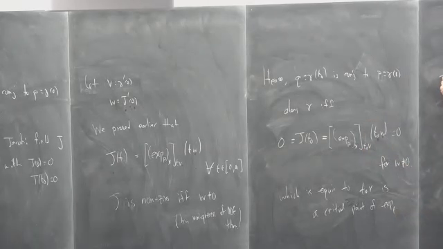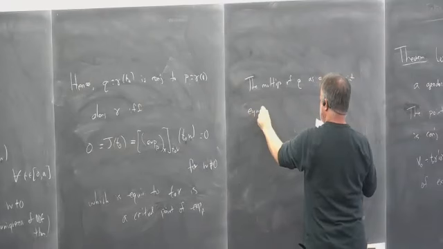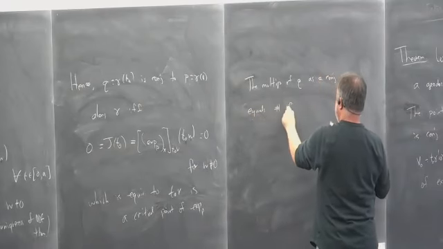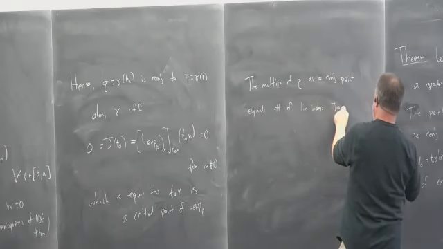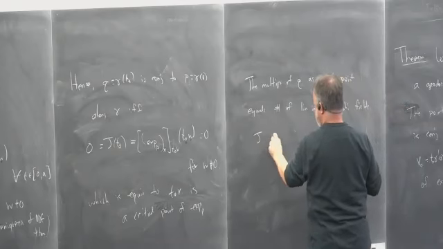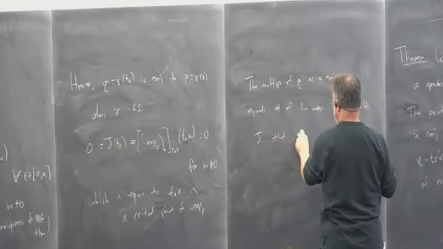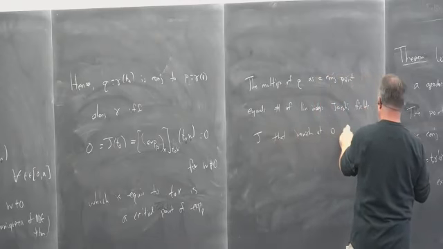And the multiplicity of Q as a conjugate point equals the number of linearly independent Jacobi fields J that vanish at 0 and T naught.